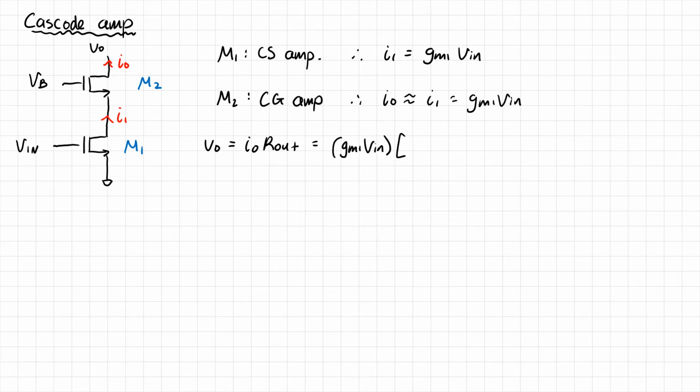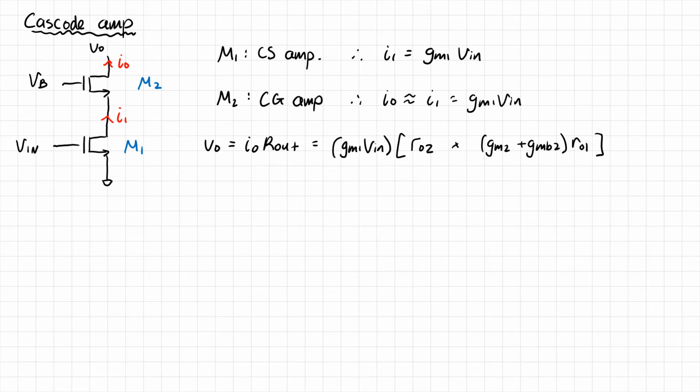So we say here that the output resistance is RO2 times GM2 plus GMB2 times RO1. Sorry, there's a bracket issue going on here, so let's just get rid of this 1 times. This will make it easier to follow.